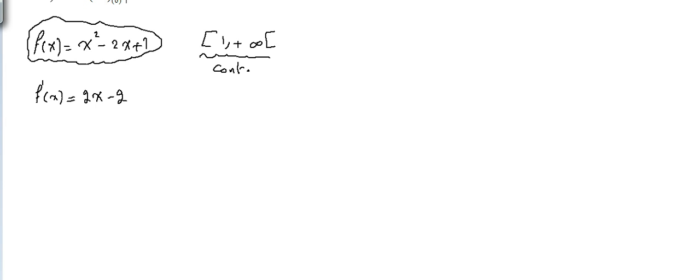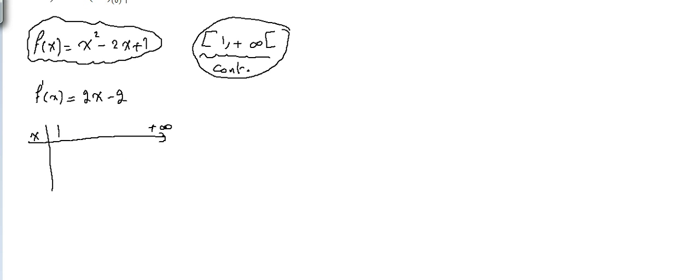Let's draw the table of variation. Oh, sorry, it's not from minus infinity, it's from 1 to plus infinity. We need to discuss only this interval. f prime of x equals 0 when x equal 1, right?